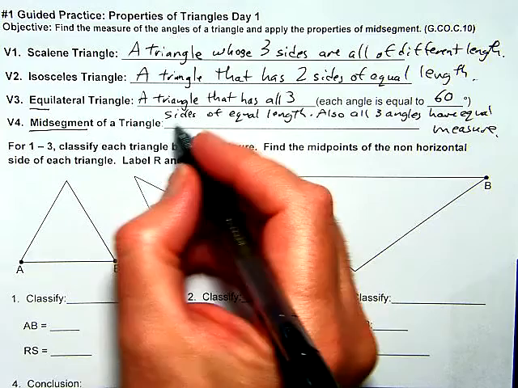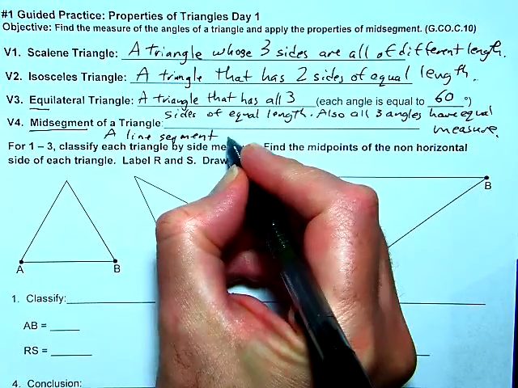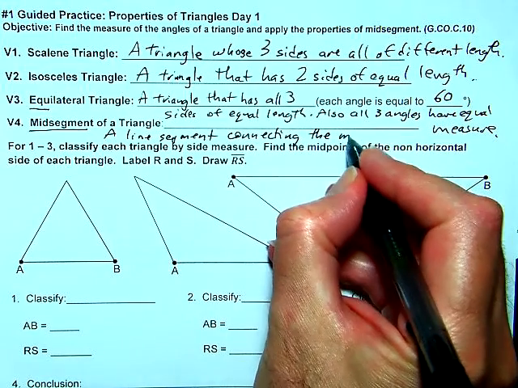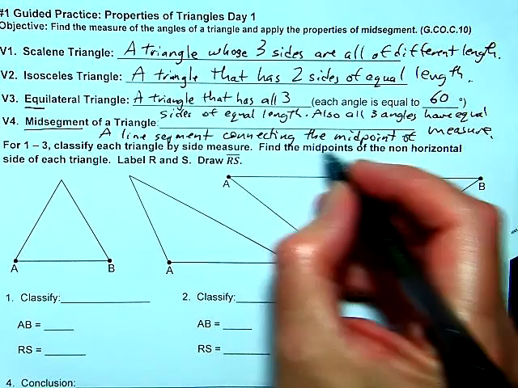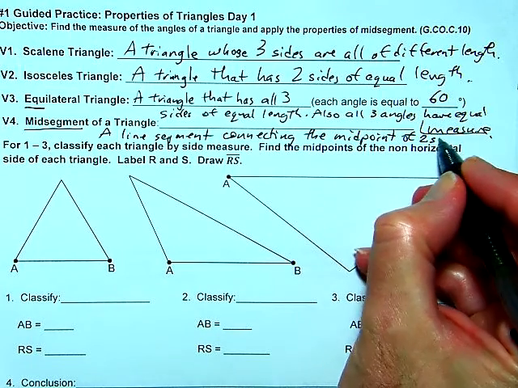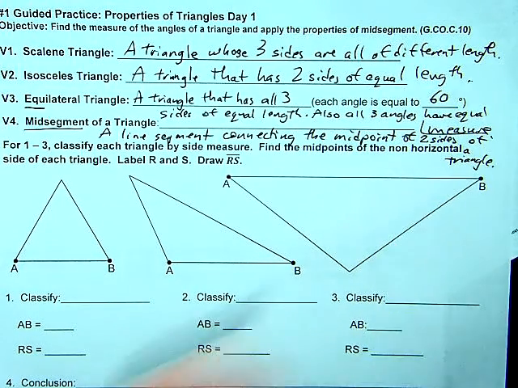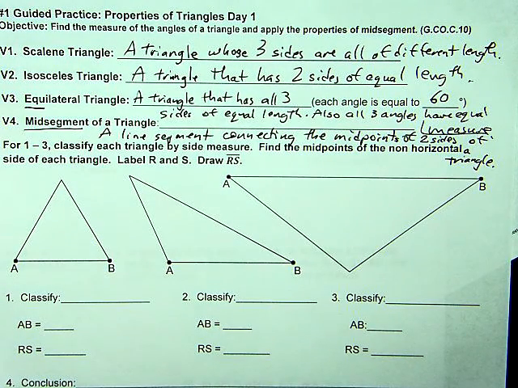A midsegment of a triangle is a line segment connecting the midpoints of two sides of a triangle. So the midpoint of one side is connected to the midpoint of the other side.